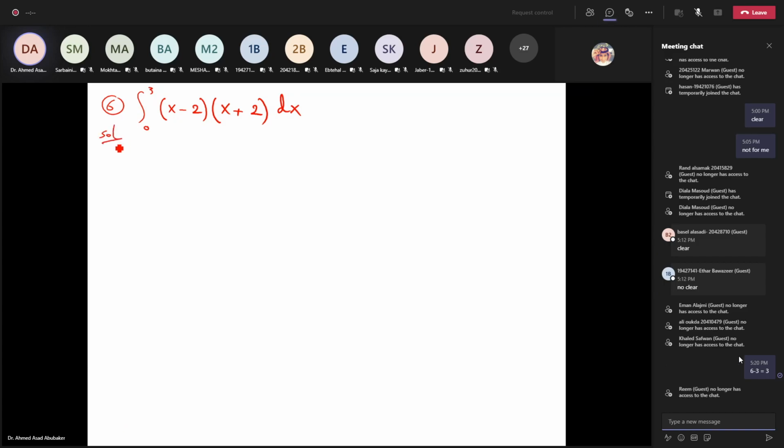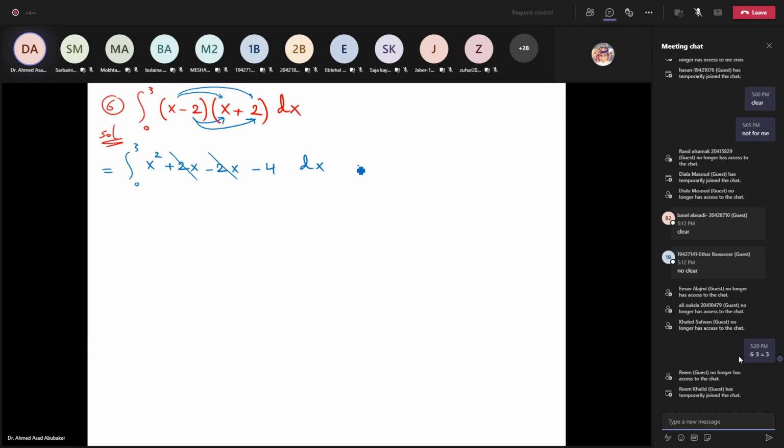So the solution is the integral from 0 to 3: x times x is x², x times 2 is 2x, −2 times x is −2x, −2 times 2 is −4, dx. Cancel 2x and −2x, so after simplifying, x² − 4 dx.